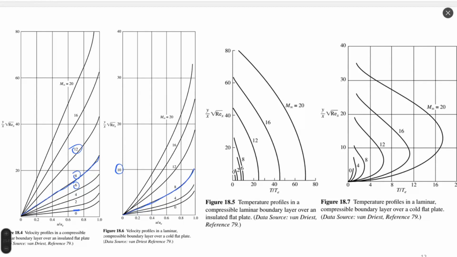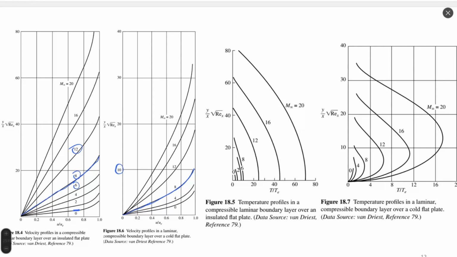So depending on which flow properties or which thermal conditions we create on the surface of the wall, the boundary layer can significantly change for compressible flow. For incompressible flow, it could be different. We know that it will only impact the viscosity value, but inside compressible flow, it will have an even more significant influence.